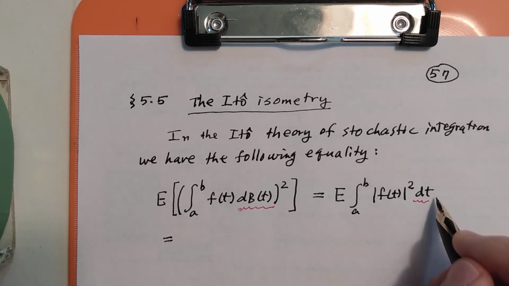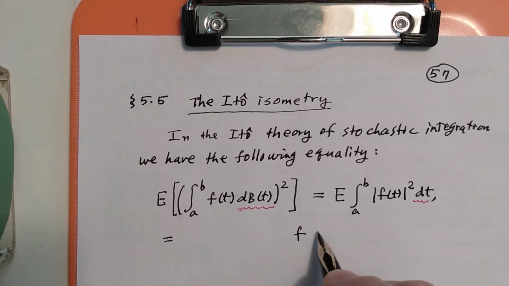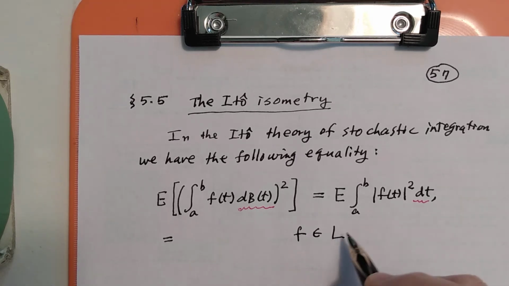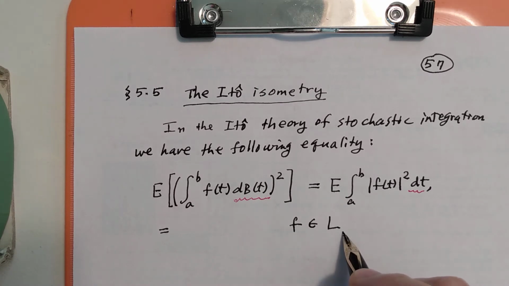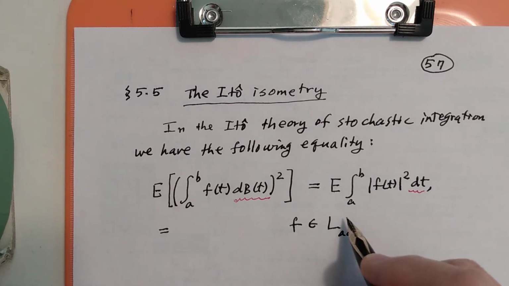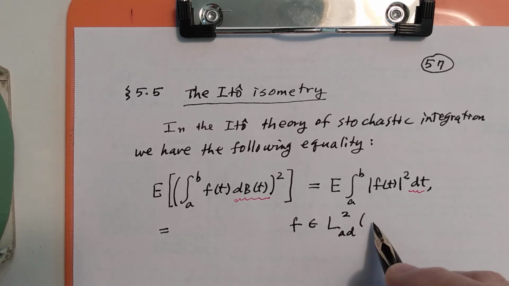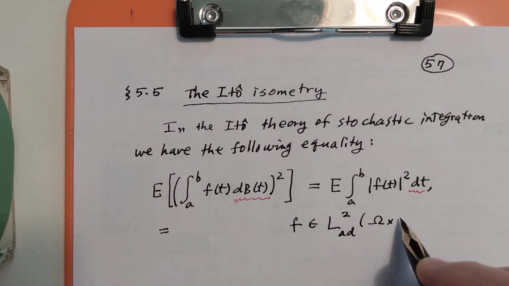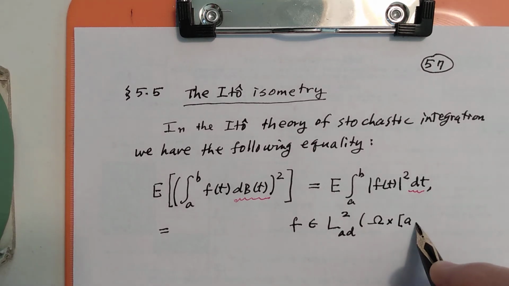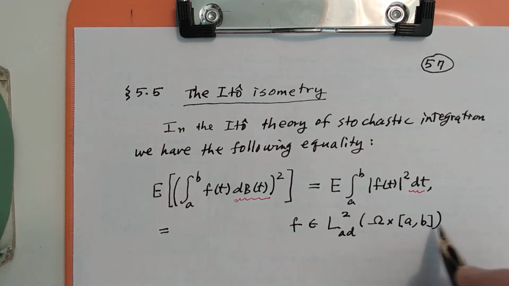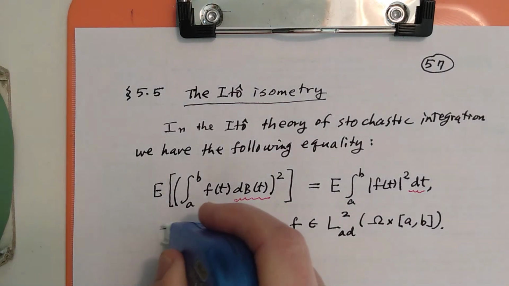And this is true for all f belonging to the adapted stochastic processes in the L2 space of Omega times the interval from a to b. So we have this equality.